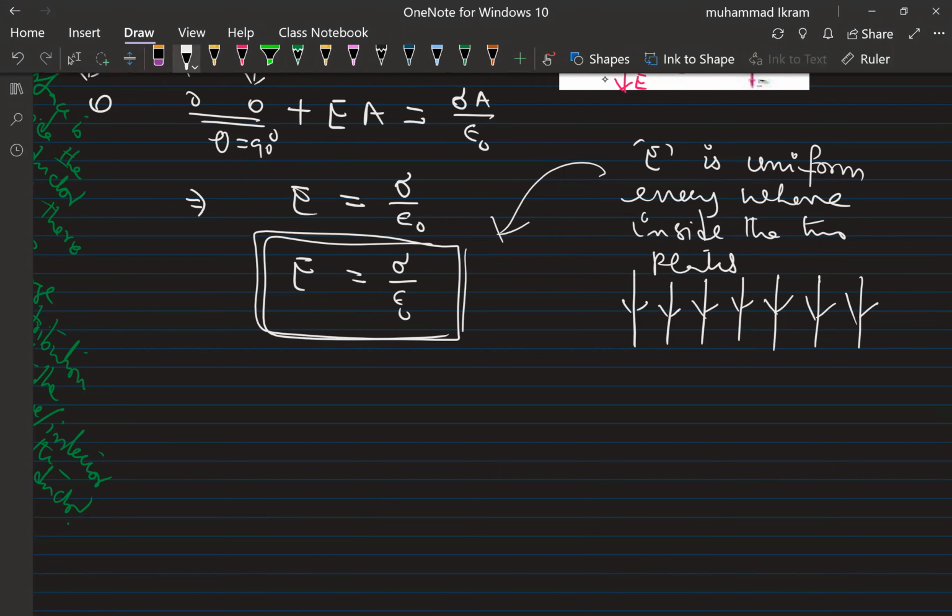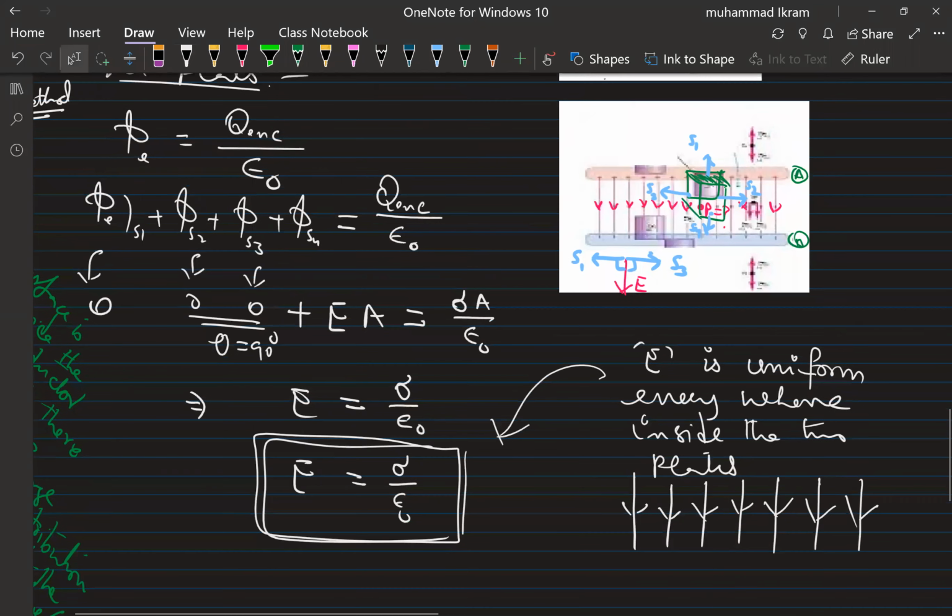Second, it does not depend on r. It depends on the surface charge density. Why does it not depend on r? Because it is the same. For example, if I choose any two points, the point A or the point B, the electric field intensity will be the same.